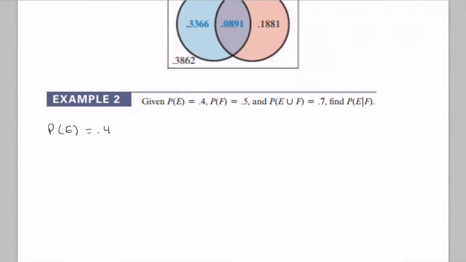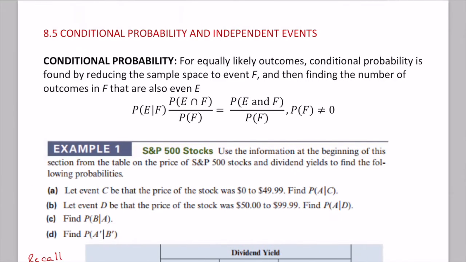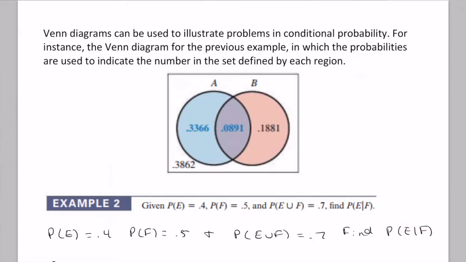So, P of E is equal to 0.4, P of F is equal to 0.5, and P of E union F is equal to 0.7. Find the conditional probability P of E given F. Okay. Now, remember for that we need the intersection and we have the union.